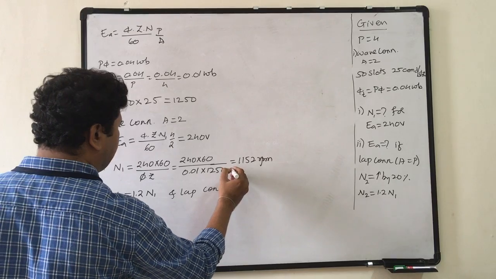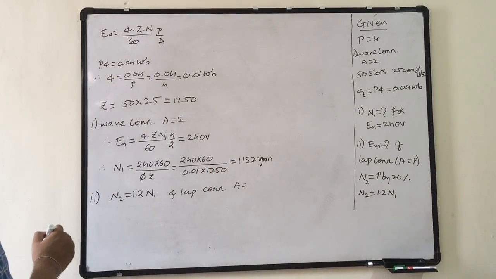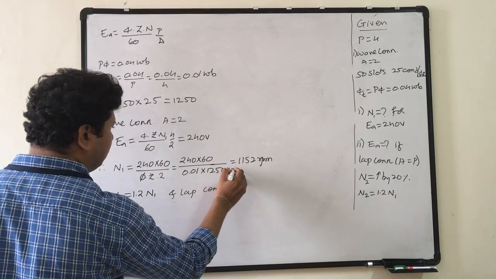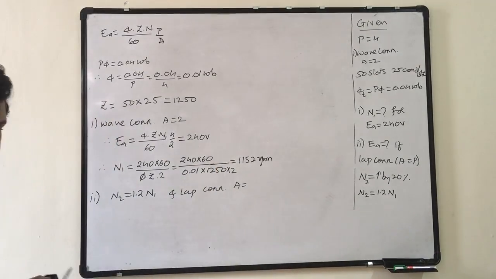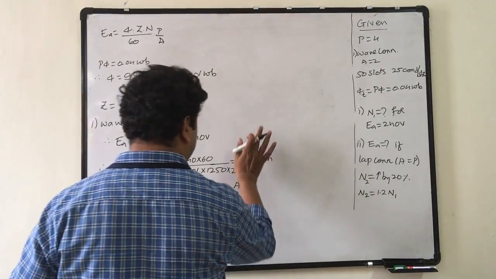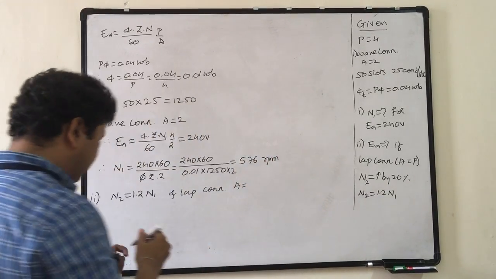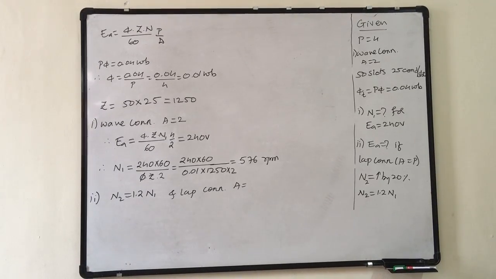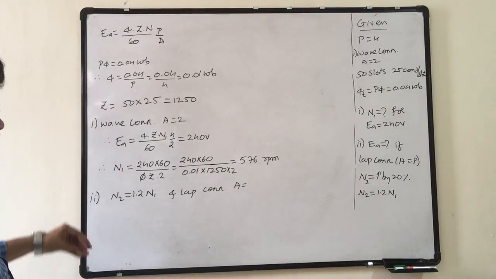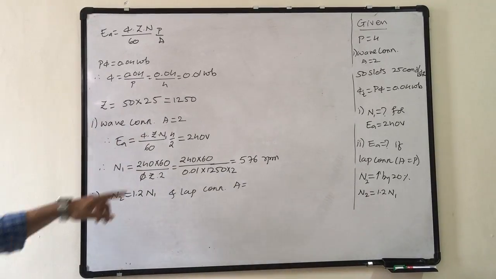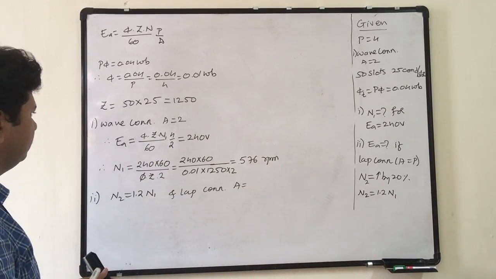In the denominator I will get 240 into 60 divided by phi Z into 2. So my speed is divided by 2, 576 RPM. I am extremely sorry for this. Just in the flow I made a mistake. For wave connection, number of parallel paths are always equal to 2. So it will be 4 by 2. So now it will be correct.